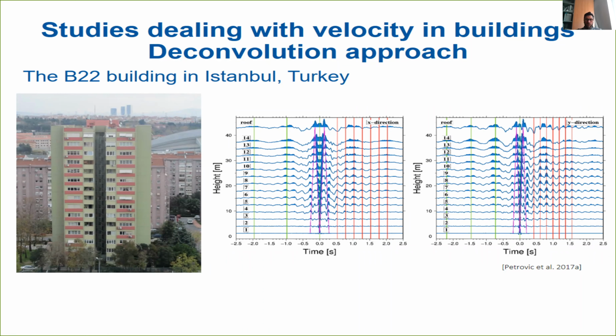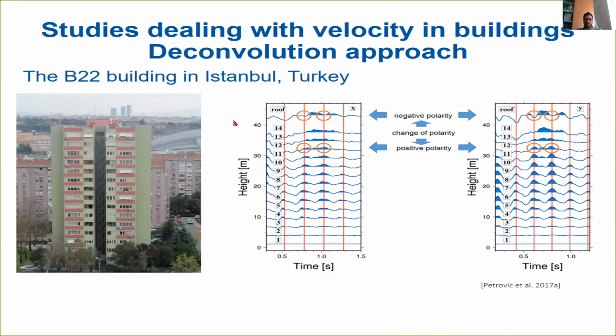So higher modes were overlapping with the fundamental mode. While in the Millikan library the fundamental mode was quite clearly obtained and was dominating, here you can clearly see that there is a superposition of different modes with different frequencies that are becoming more or less important depending on the height inside the building.